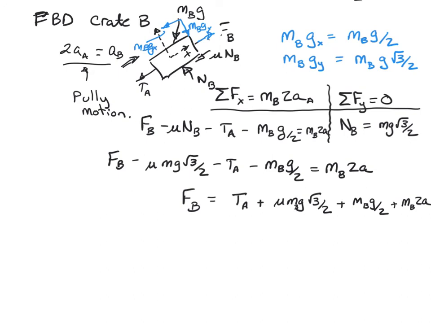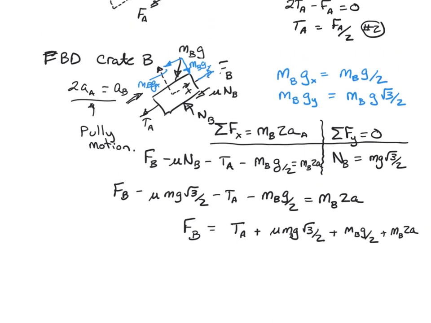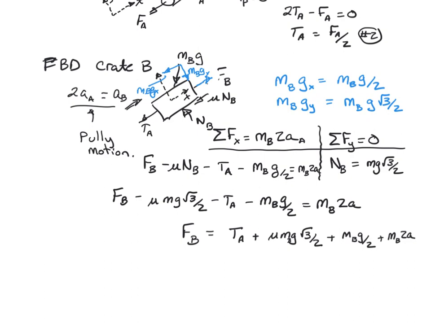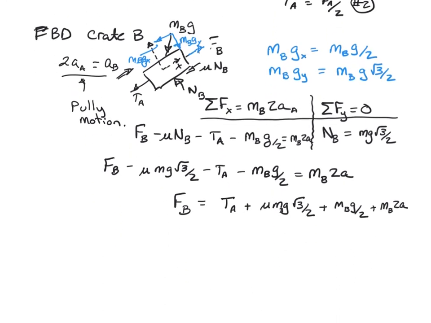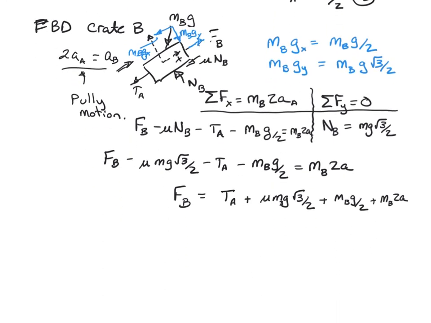Okay, now I have all that stuff for T_A to plug in, and note that T_A is really going to be F_A divided by 2. So I have to go back up here and grab that F_A and plug that thing in. It's going to be a little messy. And so I will do that. F_B equals 1/2 m_A times mu g root 3 over 2 plus g over 2 plus a.